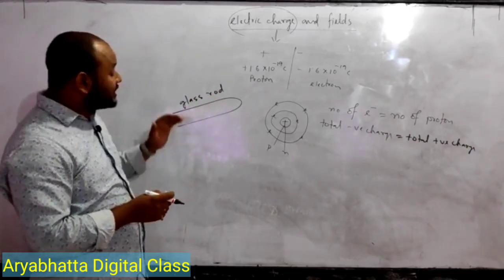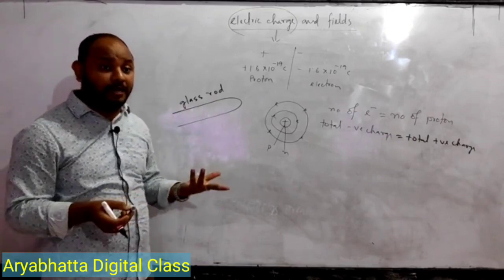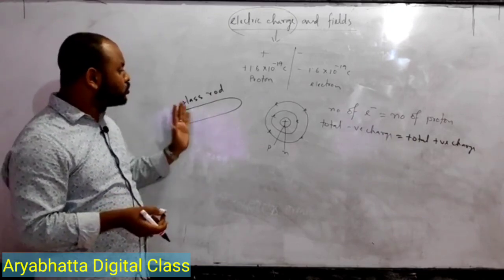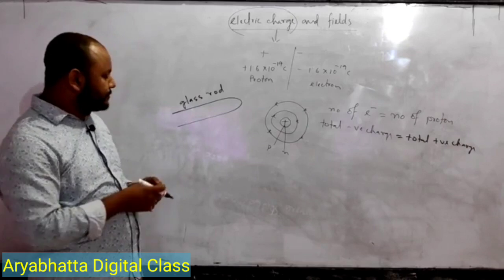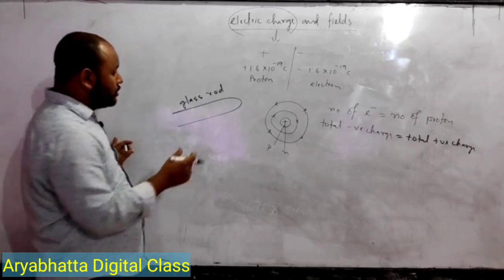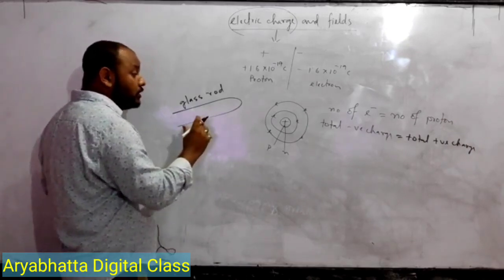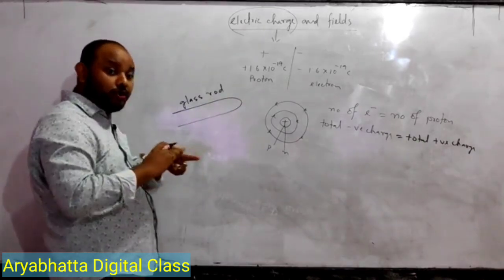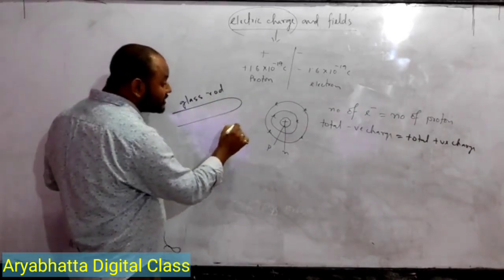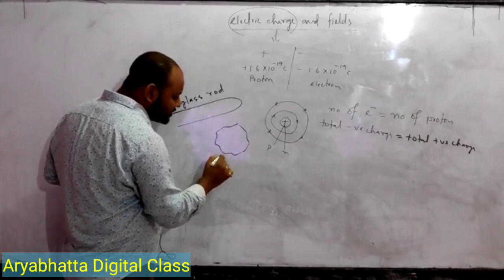This glass rod is also made of lots of atoms. Whenever we rub this glass rod with a silk cloth, suppose this is our silk cloth.